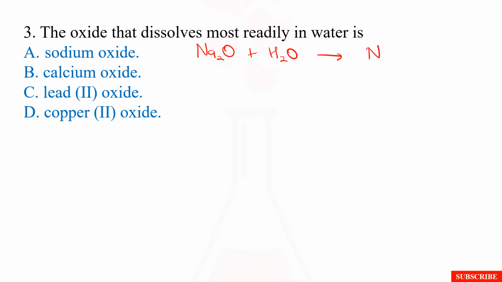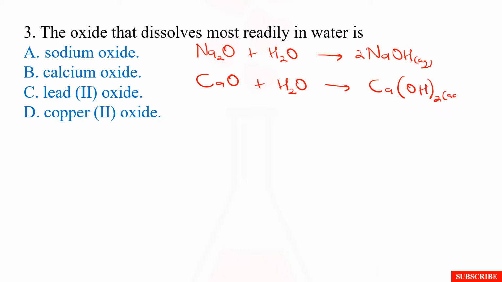So here we form sodium hydroxide solution, which is aqueous. Even calcium oxide can also dissolve in water to form calcium hydroxide. So you can take note of this as well. Not only group 1 oxides, but even some other metallic oxides can dissolve in water to form solutions.